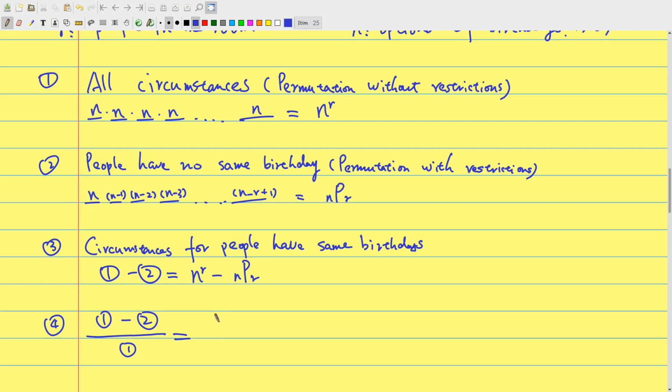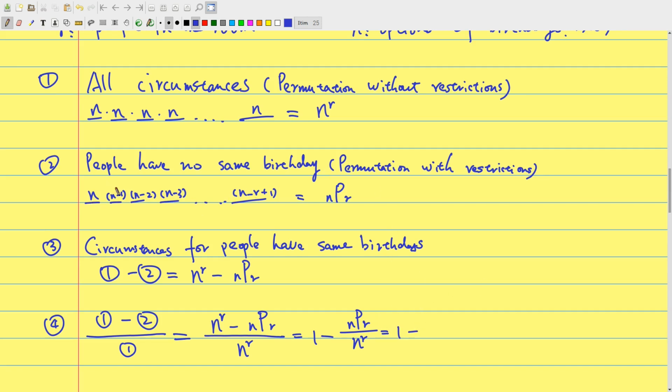Okay, so n^r minus n permute r over n^r, right? It cancels out, so 1 minus n permute r over n^r. So what is n permute r?